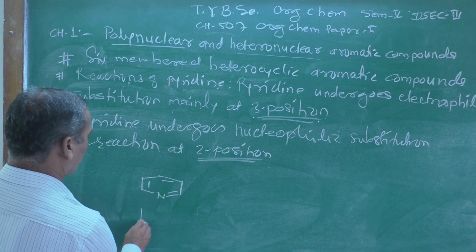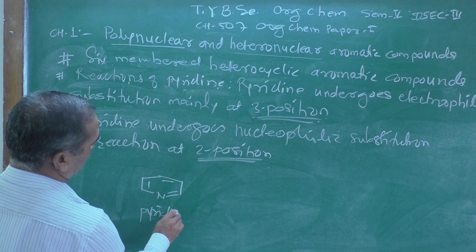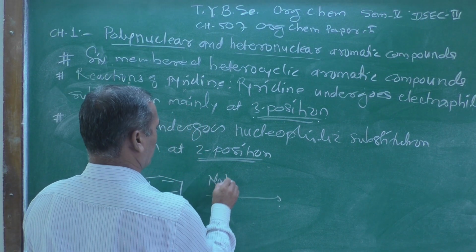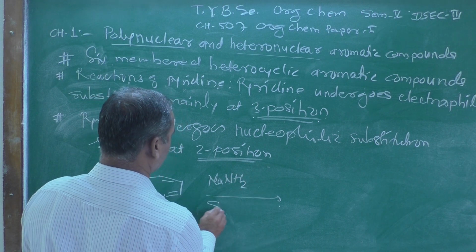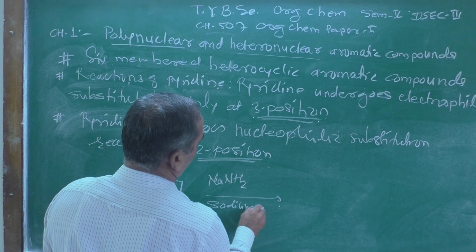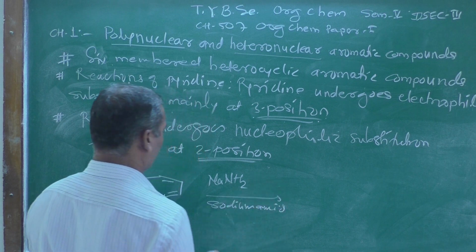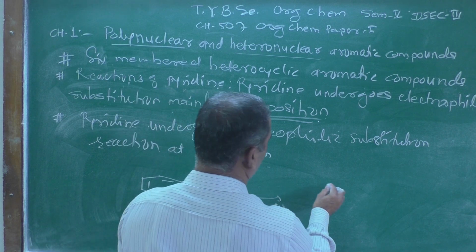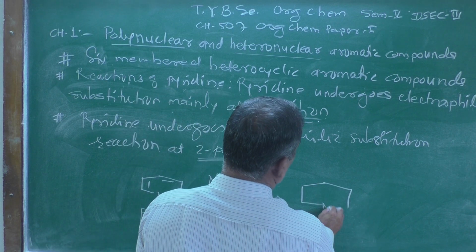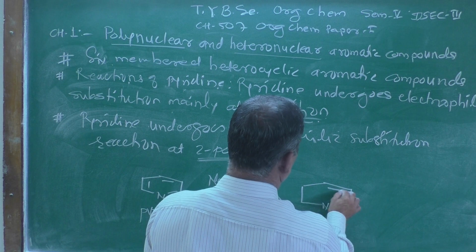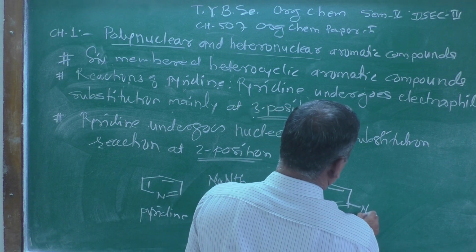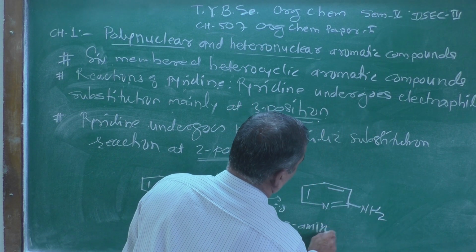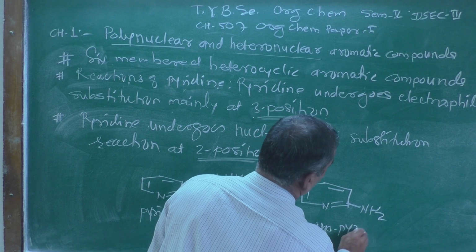This is the structure of pyridine, and now when it is treated with NaNH2, which is known as sodium amide, a strong base, the product obtained is 2-aminopyridine.